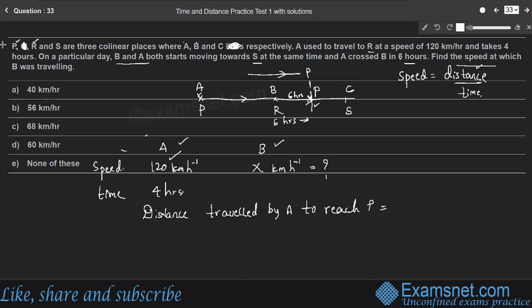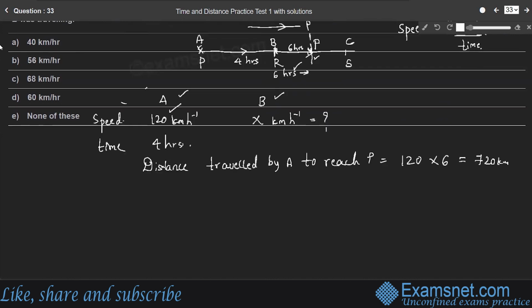A's speed is 120 and A takes 6 hours of time. Here A is taking 6 hours of time, not 4 hours. The 4 hours is the time taken to reach R, which is given. So this duration is 4 hours. To reach P, A takes 6 hours of time. Therefore, the distance traveled by A is 720 kilometers.